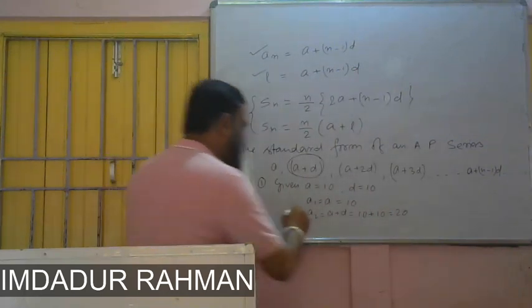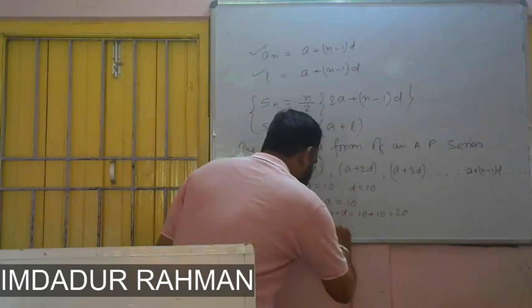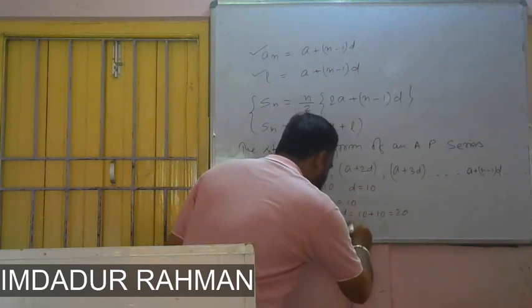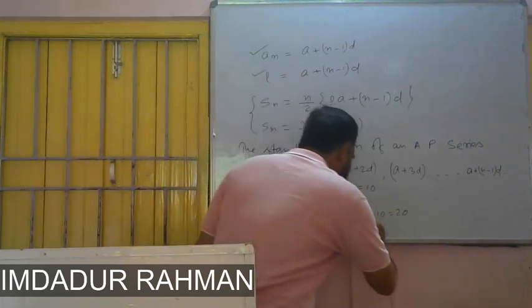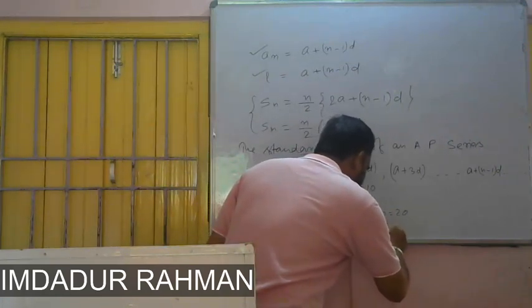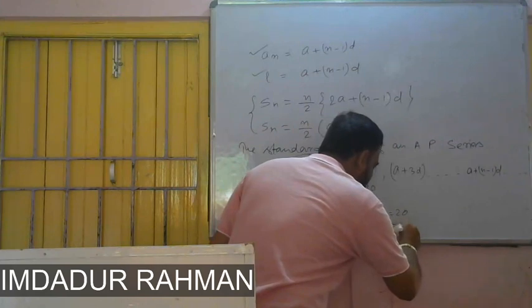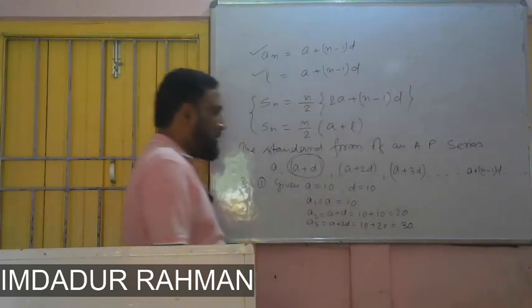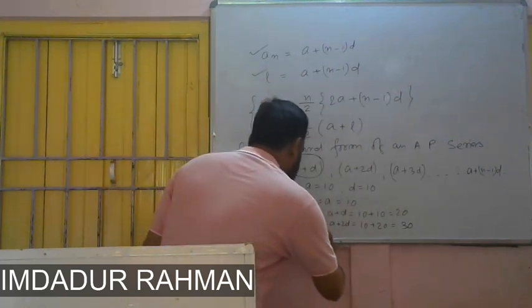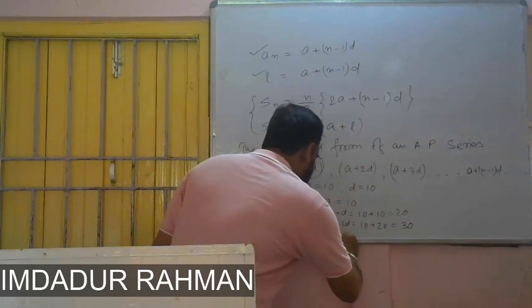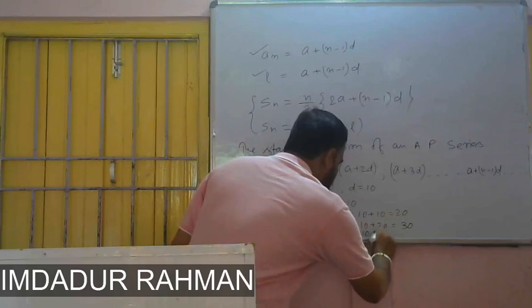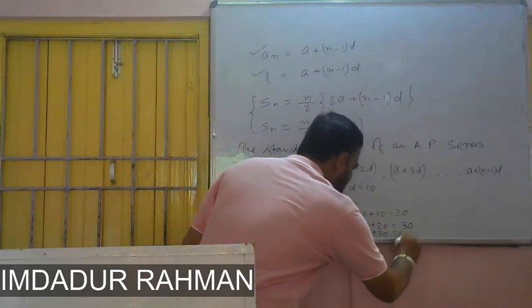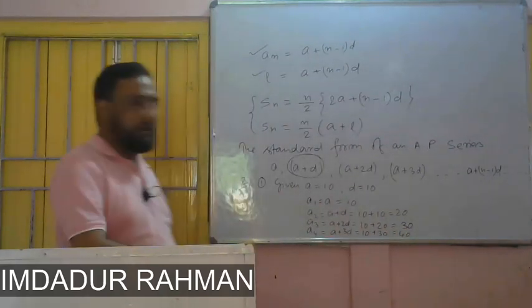A3 is A plus twice D, so 10 plus 2 into 10, which is 20, is equal to 30. Like this, A4 is A plus thrice D, 10 plus 30 is equal to 40.